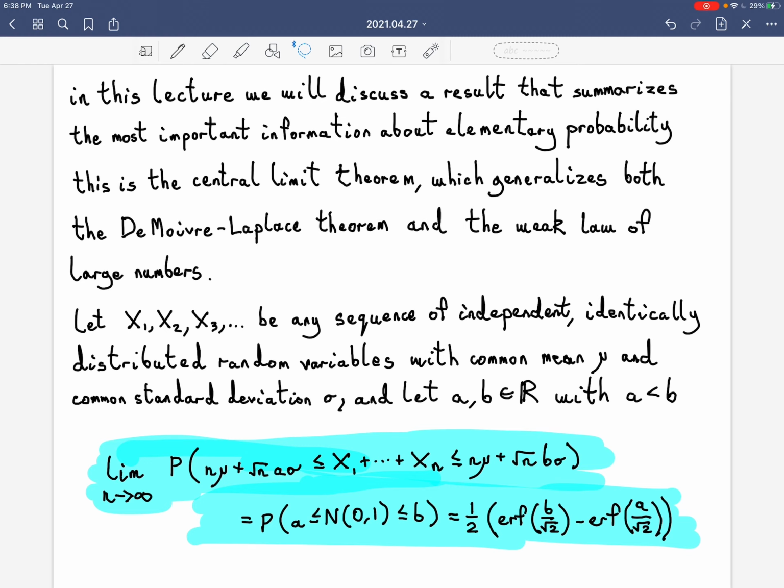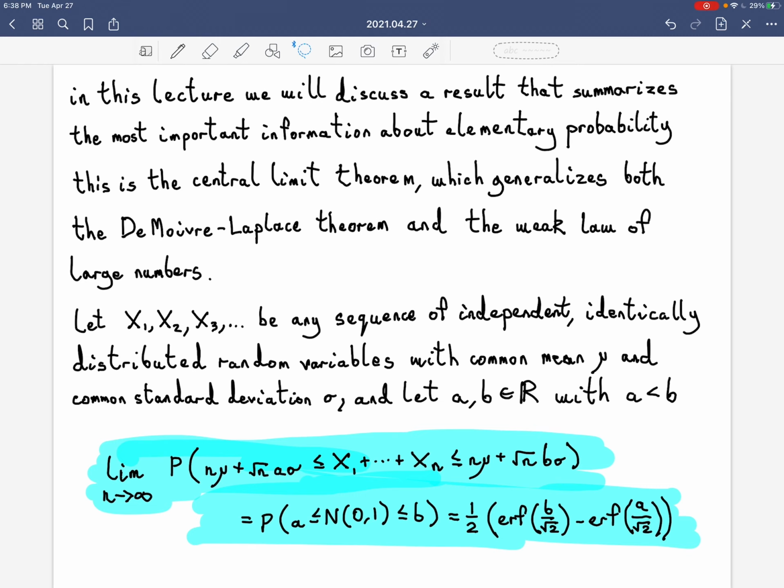But you can see that what's being calculated here is the probability that a sum of independent, identically distributed random variables lies in an interval around n mu. So we have the idea that mu is the common mean, and we're adding up n of these things, so we get n mu for the mean of the sum.